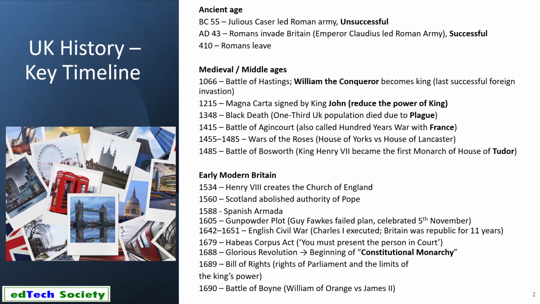So that's the reason he created the Church of England in 1534, which gave him the option to break away from the Pope. In 1560, the same thing happened in Scotland. Scotland abolished the authority of the Pope.